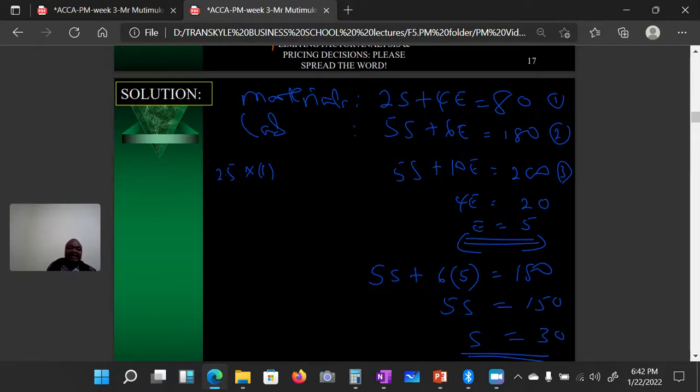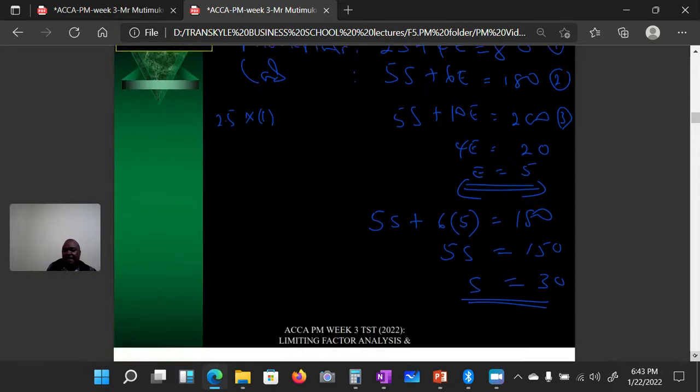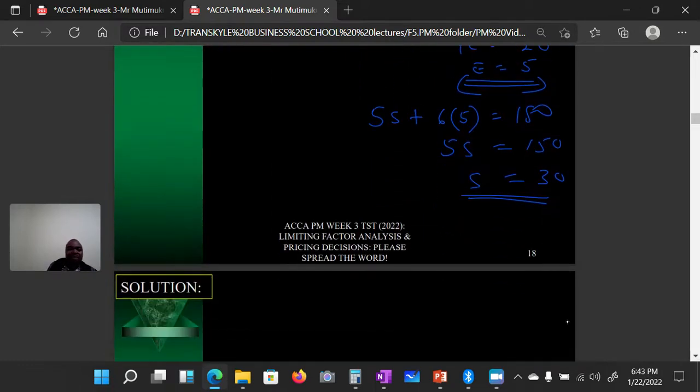Let me just cross-check on my calculator to determine if I obtained the computation correctly. Okay, I think I'm right on track, because 5s is 150, so s is 30. Let's move on, because in the exam there won't be any time.